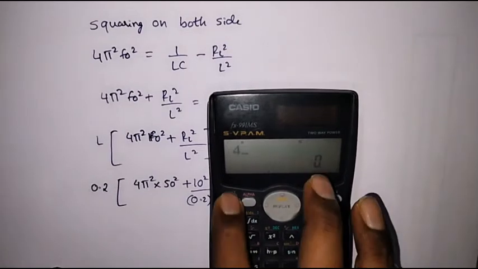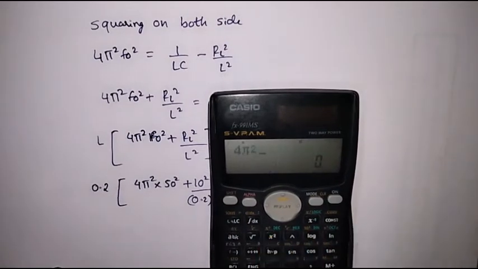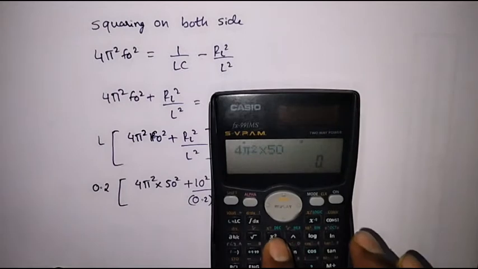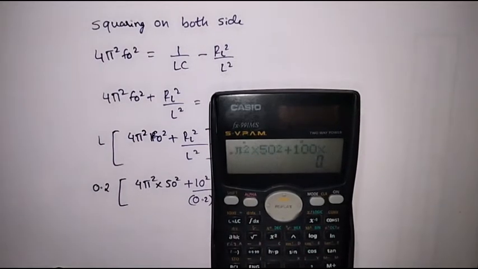That is 4 pi square into 50 square plus 100 by 0.2 square, the inverse, into 0.2.